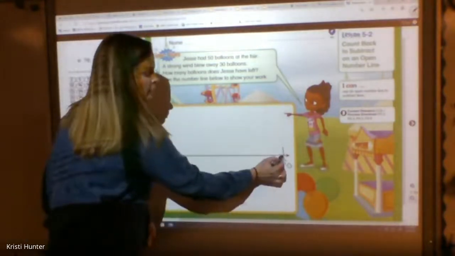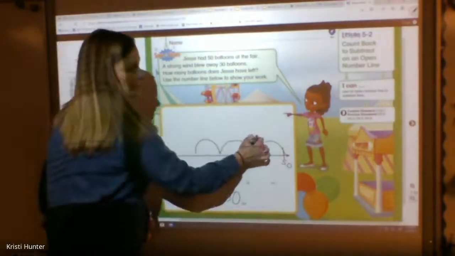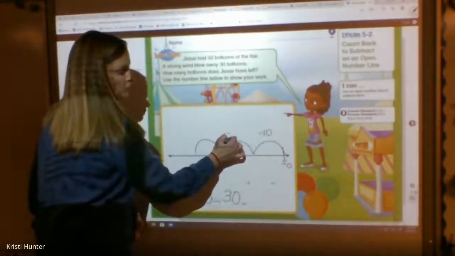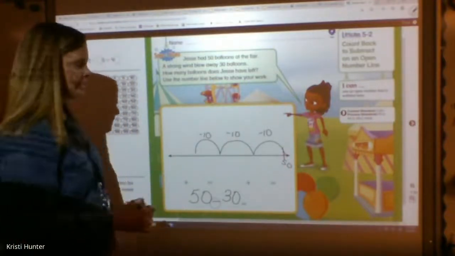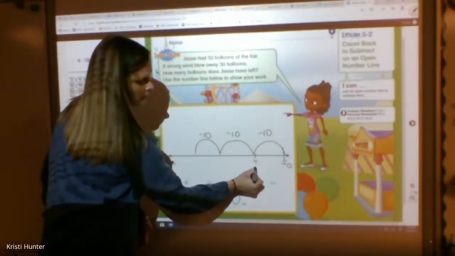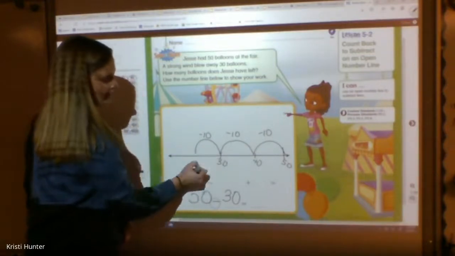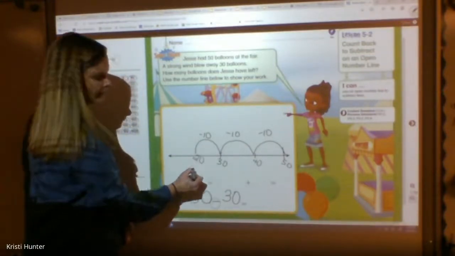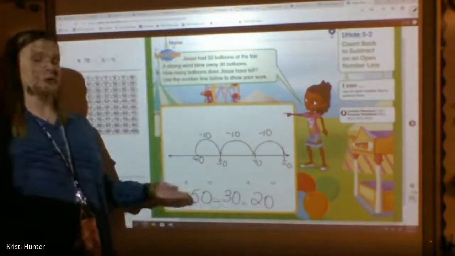So I'm going to make 3 tens jumps backwards. So I took away 10, 20, 30. Let's see how to find my answer. So we're at 50, back 10 makes 40, back 10 makes 30, back 10 makes 20. So the answer is there are 20 balloons left.